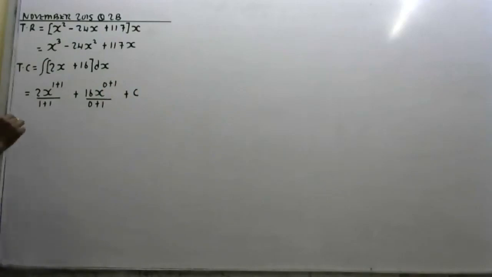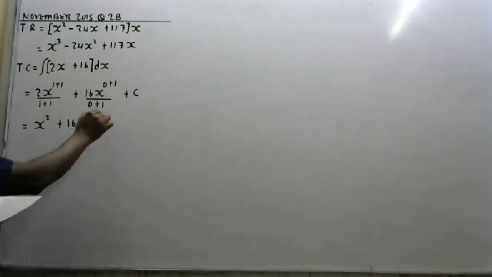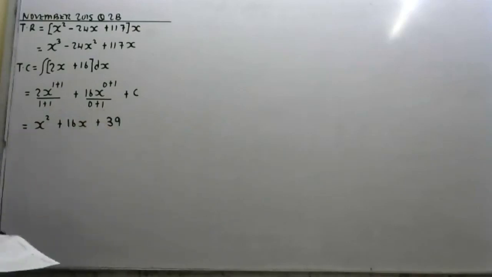This becomes x squared plus 16x plus the fixed costs. The fixed cost we are told is 39.